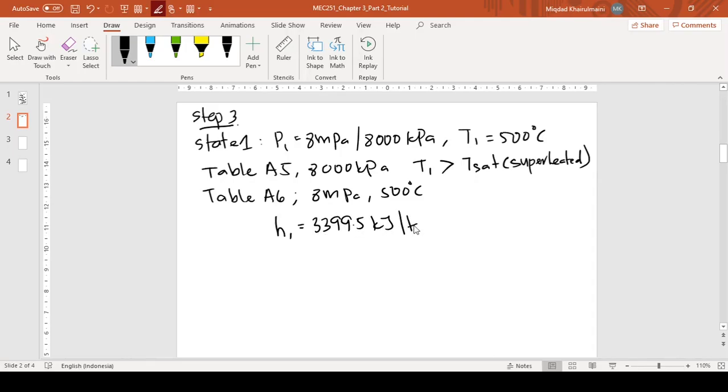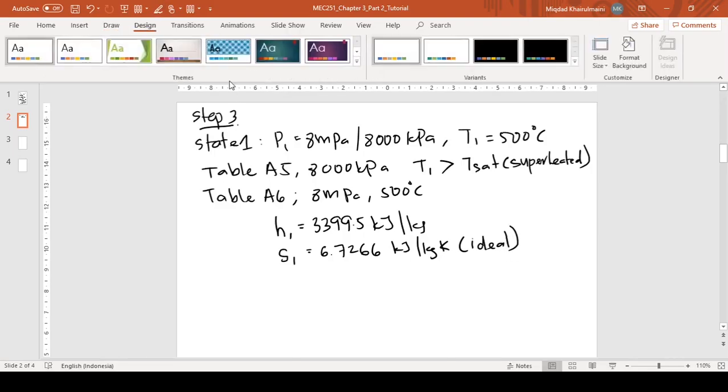And also we will read for the specific entropy, because remember we have the isentropic efficiency. So we have to calculate for both actual and also ideal condition. So this specific entropy is for the ideal condition at state 4 later, in kilojoules per kg Kelvin.